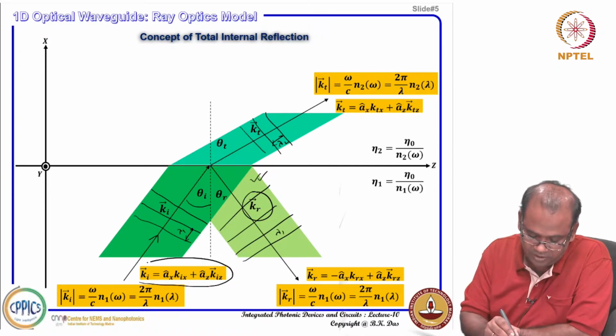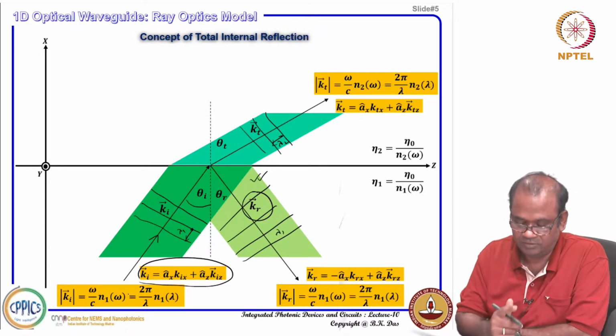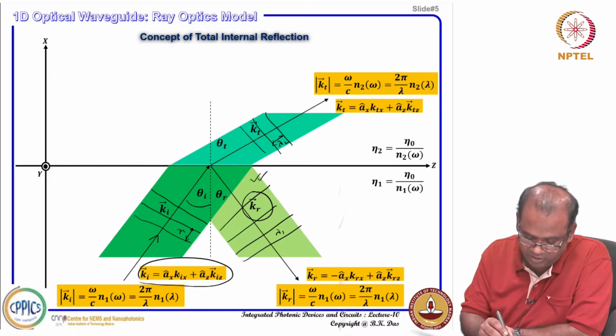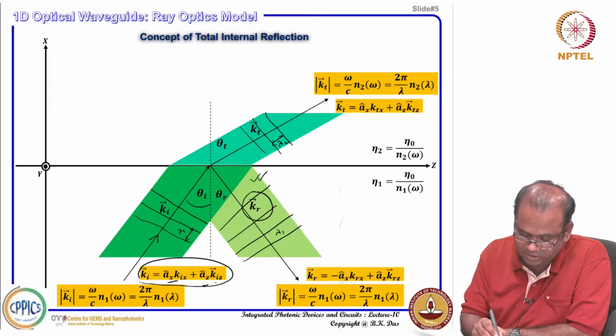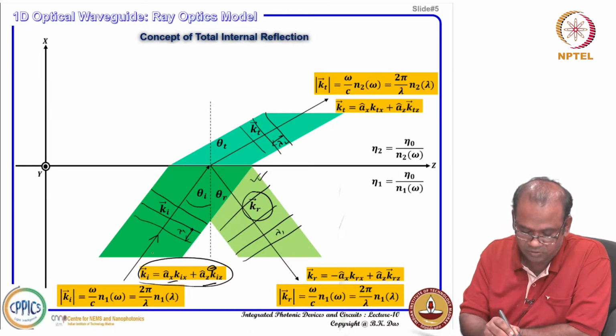Okay. And one thing we should keep in mind is that this k I can be written as this. We can consider that k I is lying in the xz plane. The screen is the xz plane, and k I is in the screen itself. So, that is why you have an x component and a z component. This is not a vector sign, this should not be there. Similarly, you can decompose k r into z component and x component.